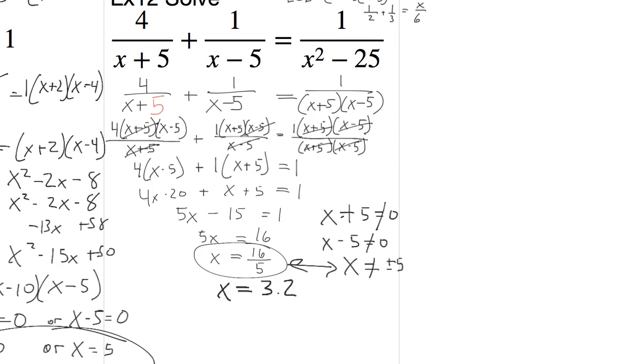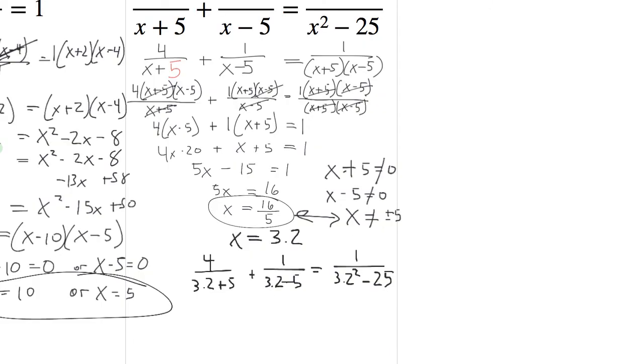It might be a little easier to substitute a decimal. 4 over 3.2 plus 5, plus 1 over 3.2 minus 5, is equal to 1 over 3.2 squared minus 25. And if you type that all into a calculator, it checks out.